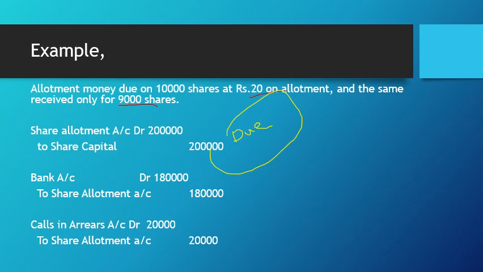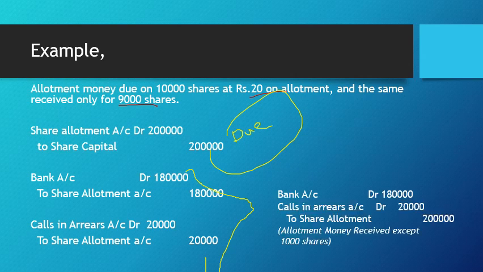Then we can make this journal entry in a different manner: we can combine these last two journal entries into a compound journal entry. Bank account debit 1,80,000, calls in arrear account 20,000, to share allotment 2 lakh. So there is no need for entering this twice.